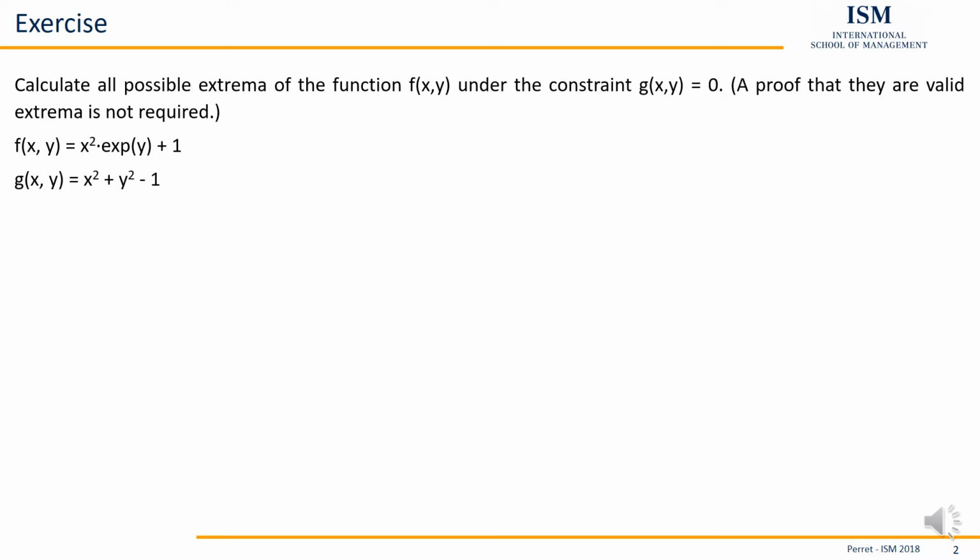Whenever we read something about a constraint that needs to be observed while another function should be optimized, this calls for the so-called Lagrange multiplier approach. In this context, we first need the so-called Lagrange function.